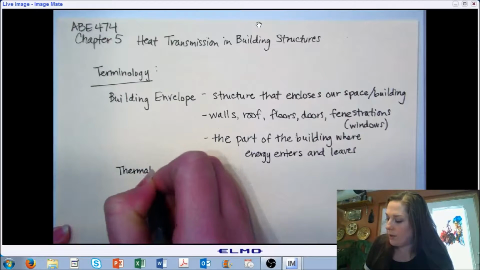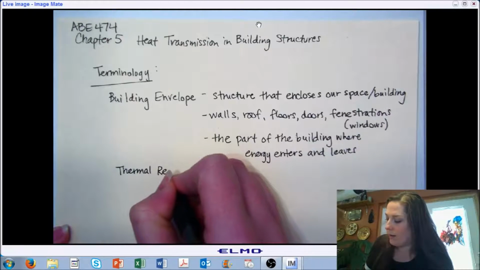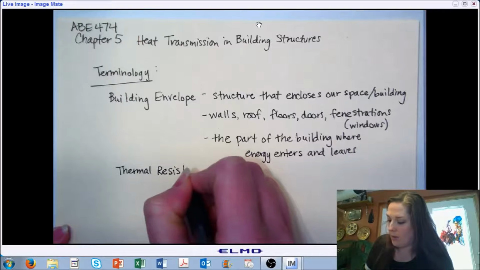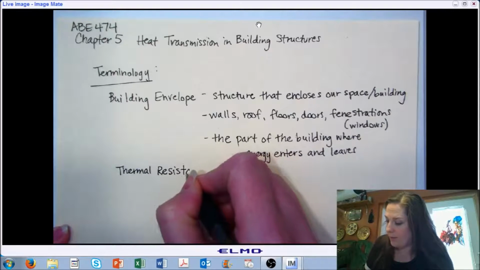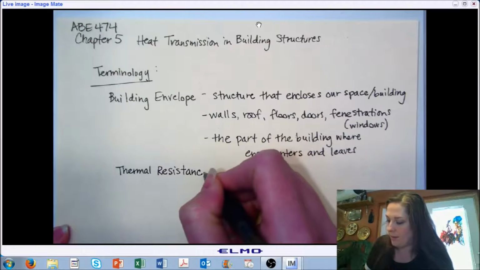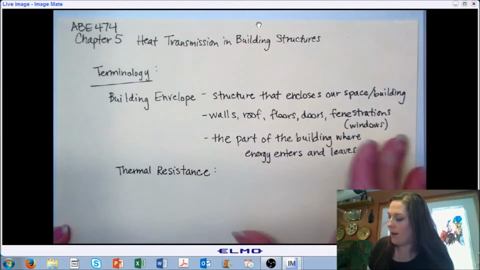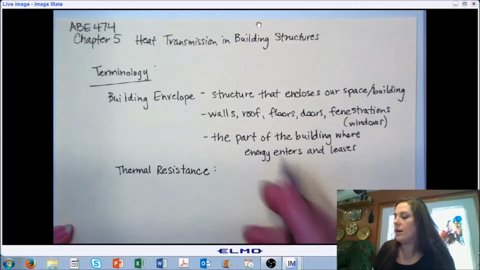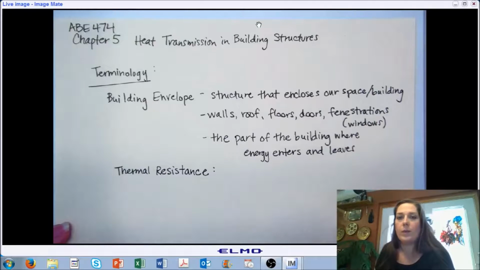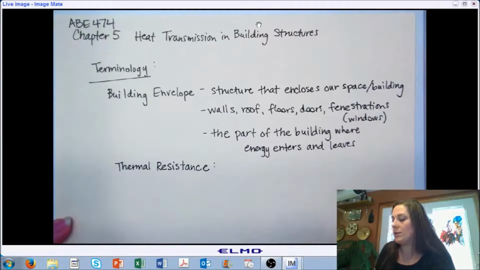And when we want to talk about energy moving, in this case we're looking at thermal energy most of the time, not always. We could be looking at mass as well. But if we're talking about thermal energy, then what we really like in terms of desirability is thermal resistance.